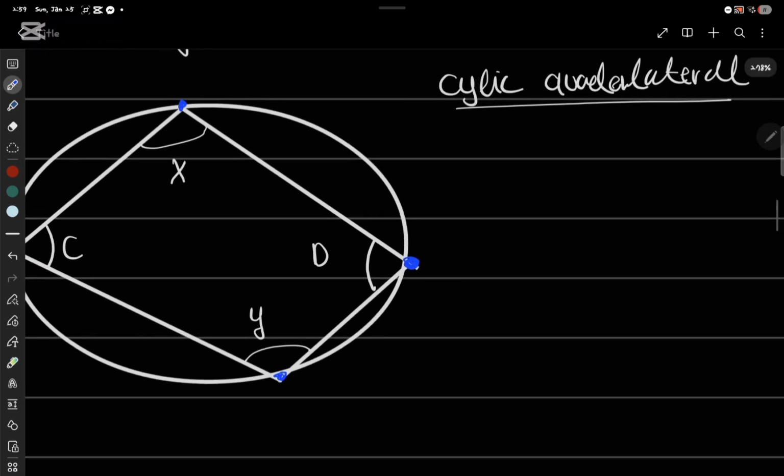And the property states that the opposite angles in a cyclic quadrilateral add up to 180.